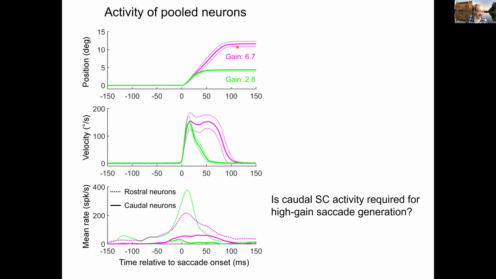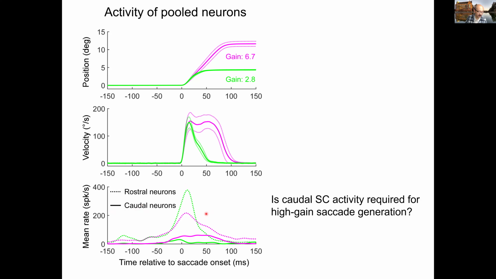But during the high gain saccade, in the magenta here, you have reacceleration, and the rostral neuron also bursts, maybe about 40%, no, it's about 50-60% of the peak activity. But at the same time, the duration is also longer. Actually, I did look at the number of spikes within the saccades, and they're actually constant for the rostral neurons, or some of them actually increasing a little bit.